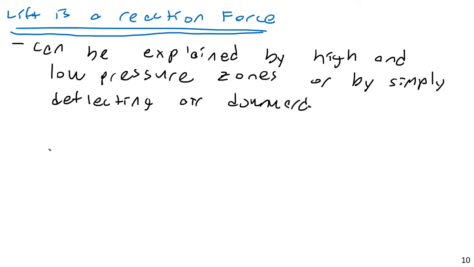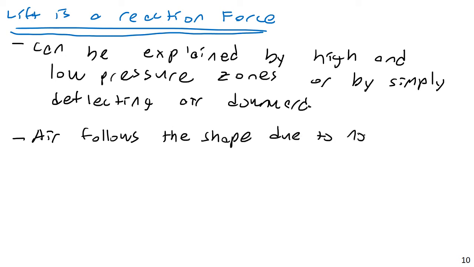And so again, really both of these are in effect. Air follows the shape of the wing due to viscous effects, or the no-slip boundary condition. You'll have a viscous force between the fluid and the surface, which causes it to travel at different velocities as the geometry requires.